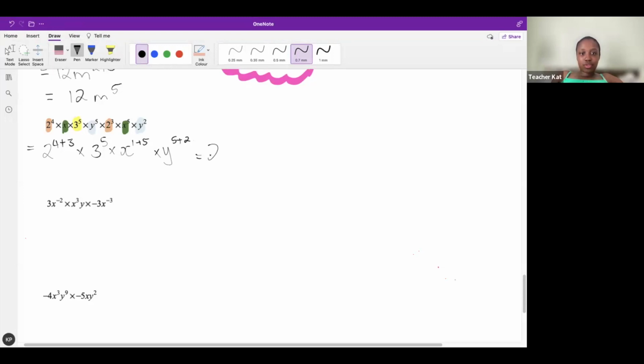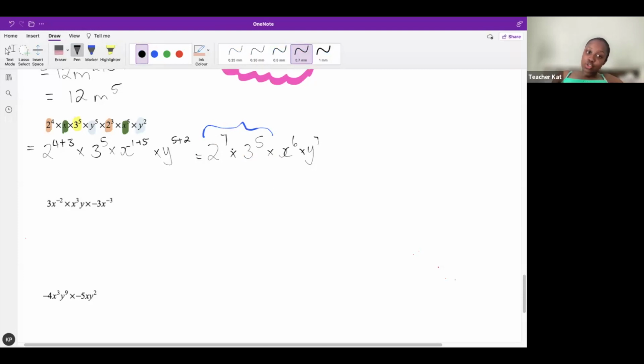Right, so then we have 2 to the power of what? If we simplify that, then it gives us 2 to the power of 7 times 3 to the power of 5 times x to the power of 6 and y to the power of 7. Okay, if I were your teacher, I would prefer that you simplify this because they are numbers and you can actually simplify it.